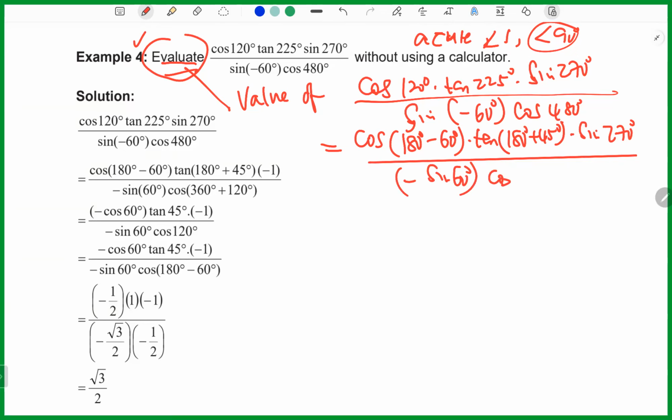And then we have the cosine of 360 here. You can use 360 degrees plus 120 degrees. In each quadrant, 180 degrees minus is in the second quadrant, where the cosine is negative, so it becomes negative cosine 60 degrees.